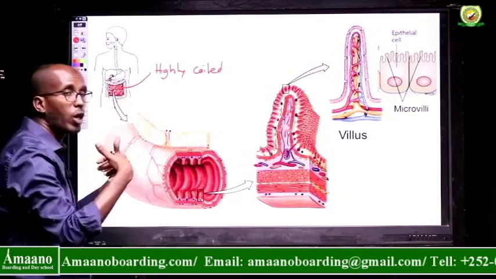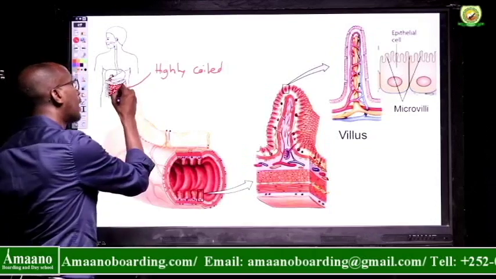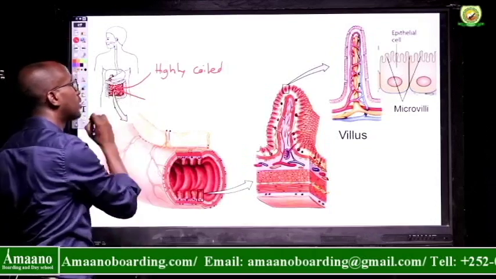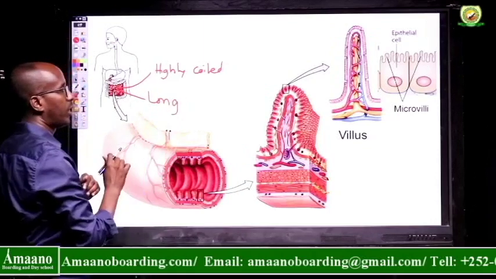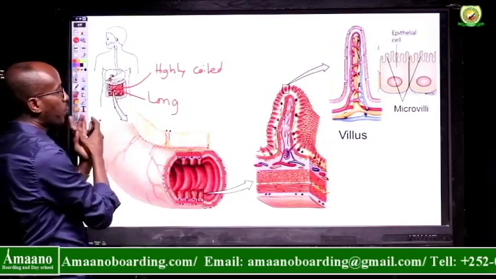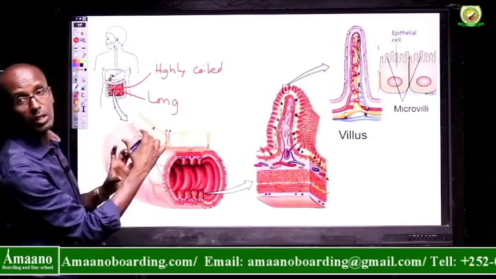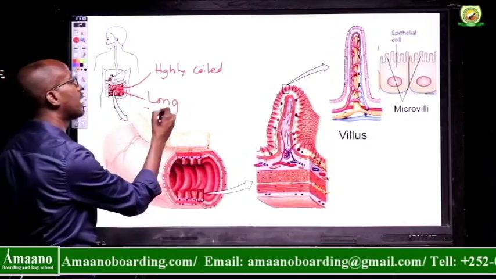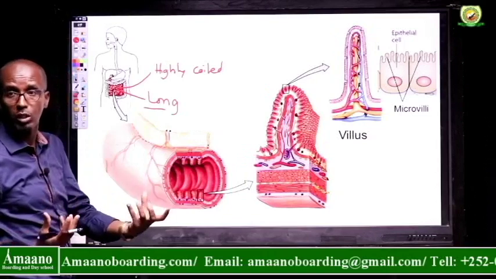So being coiled is very important, since the space is very small and the small intestine is very long. One of the things that increases the surface area of the small intestine is its length. It has a very large surface area because it is very long.